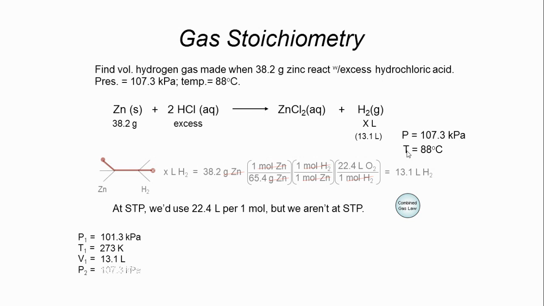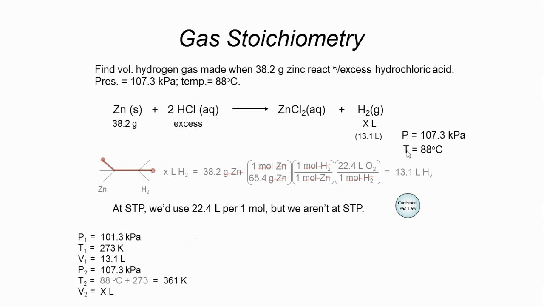So P2 is 107.3 kPa, and T2 is 88 Celsius, but I have to remember to add 273, so that's 361 Kelvin. And the only thing I don't know then is V2. Now, because V1 was in liters, V2 will come out in liters.